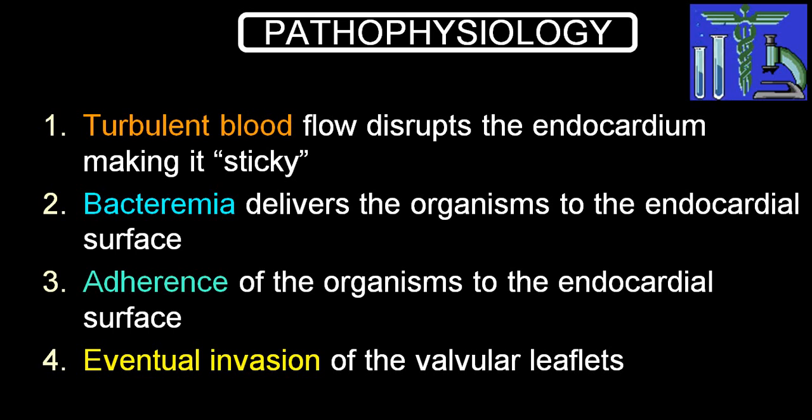Because of that damage, you can get an acute valvular involvement or a chronic valvular involvement. In an acute valve, there may be destruction of the valve leading to regurgitation, and chronic damage can end up with fibrosis and can end up with regurgitation or stenosis.